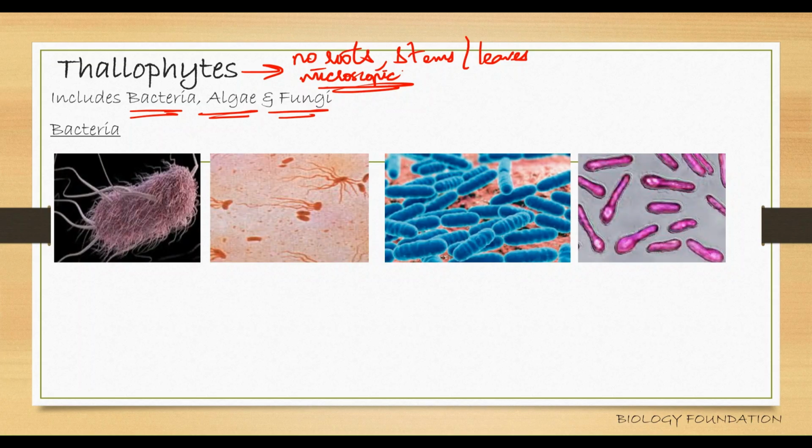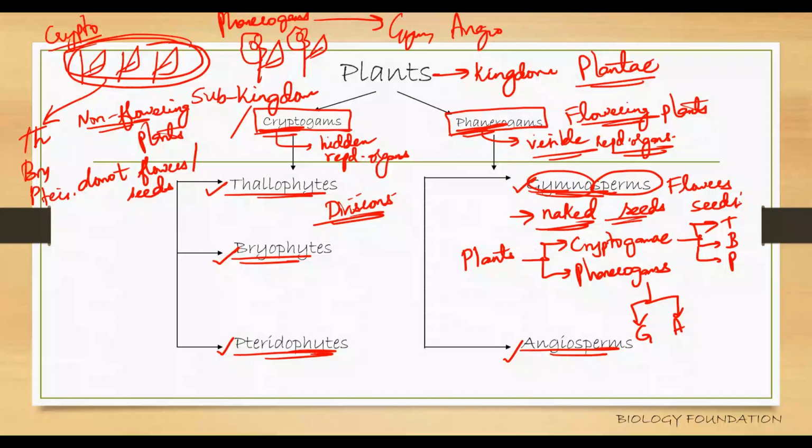Okay, now coming to the natural system of classification, plants belong to the kingdom Plantae. They can either belong to cryptogamy subkingdom or phanerogamy subkingdom based on the presence or absence of flowers. Non-flowering plants or cryptogamy can again be classified into division thallophyta, bryophyta, or pteridophyta, while phanerogams can be classified into gymnosperms or angiosperms.